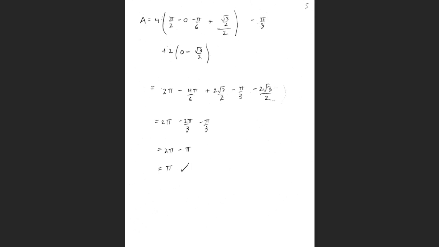In the end, we're going to get an area equal, amazingly enough, to pi. That's going to be the answer, because you're going to get a cancellation at this step here. The 2 root 3 over 2 will cancel out with the negative 2 root 3 over 2, and then you get pi.